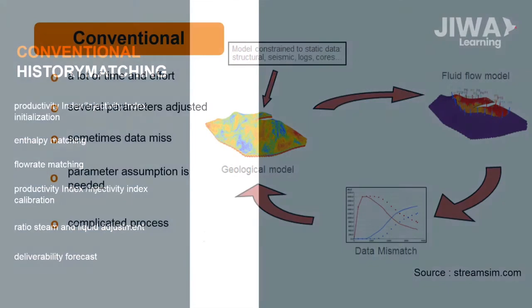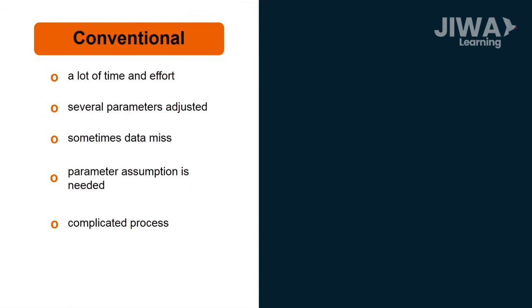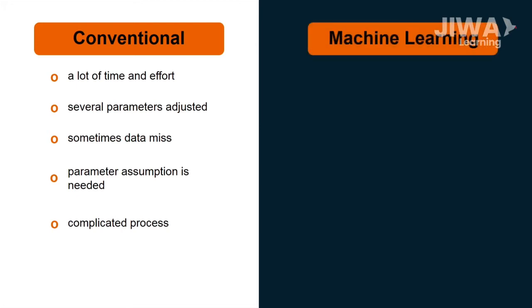From the explanation above, conventional history matching requires a lot of time and effort. The history matching process is carried out every day with several parameters adjusted, so we propose using machine learning to complete the history matching.